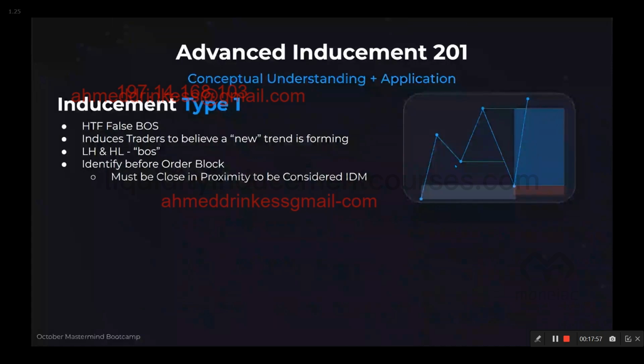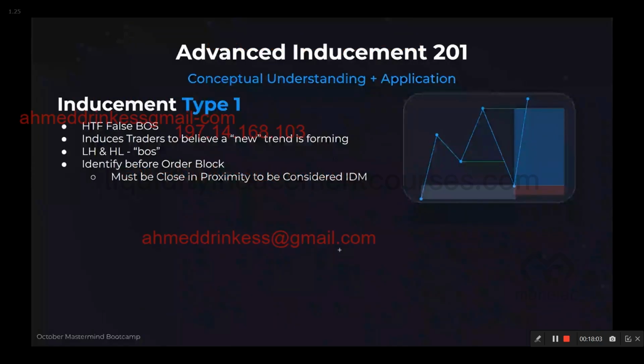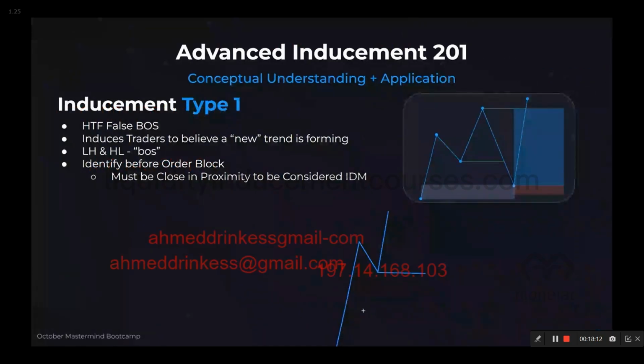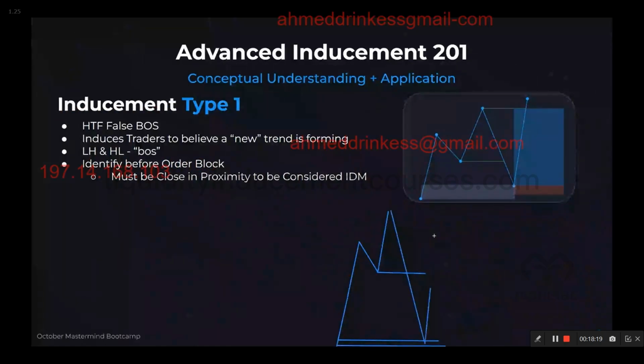Also, the inducement needs to be, relatively speaking, close. If you have something on the chart that looks like this, and say you have this all the way down here. If you say this is an inducement, yes, it is. But let's say your order block is all the way down here. Do we really think that price is just going to go all the way down and then go up?